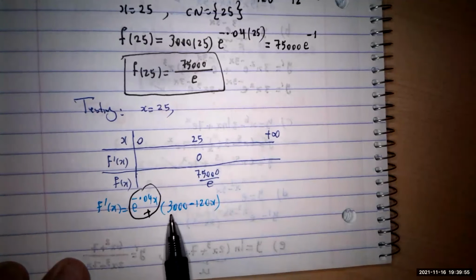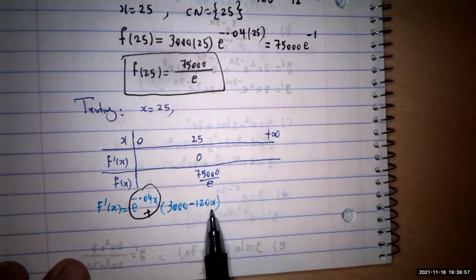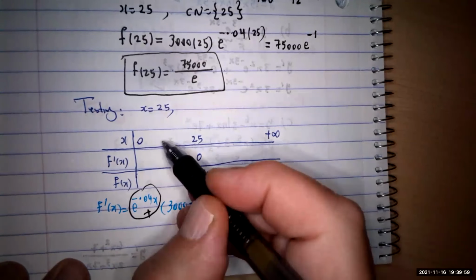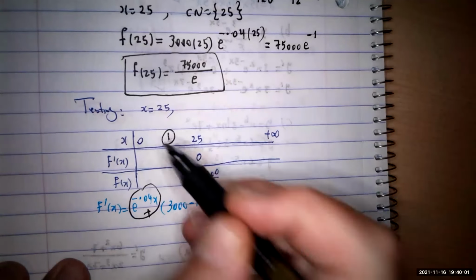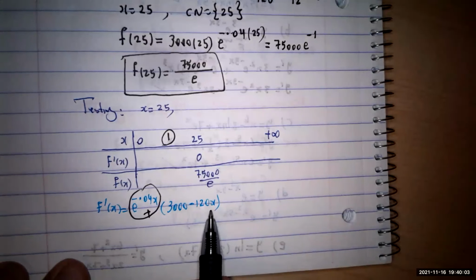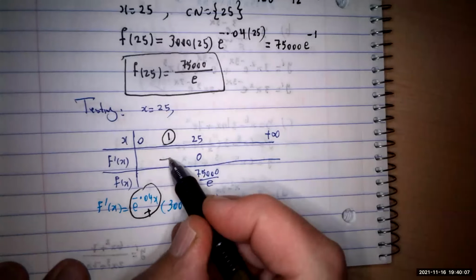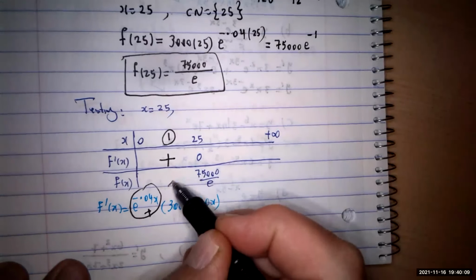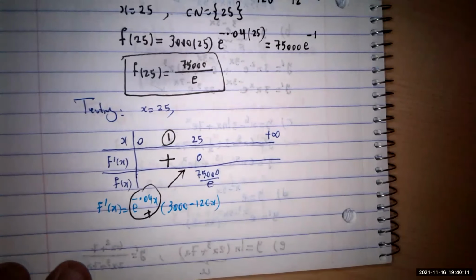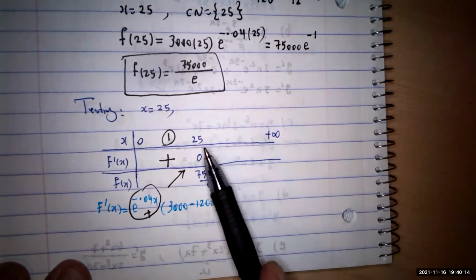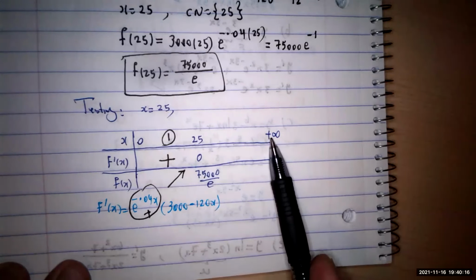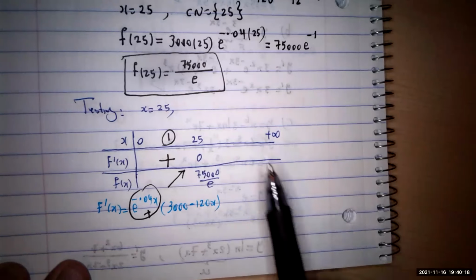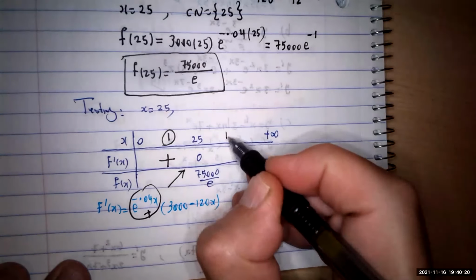So we can only test the number in 3000 minus 120x. It's easy. If you replace the x by 1, that gives you 3000 minus 120, which is a positive number. So that would be positive and the function going up. For a number in the other part, if you check 100, for example, you can pick any number you like.